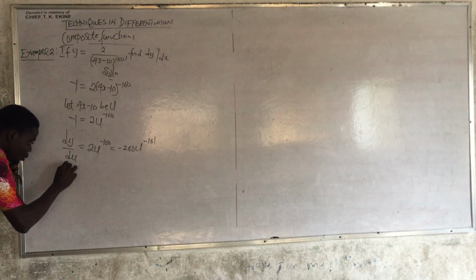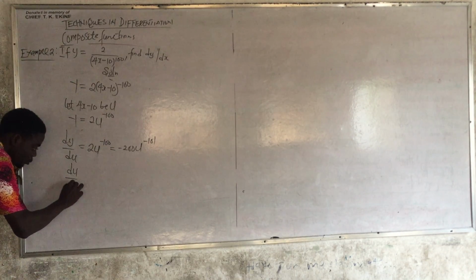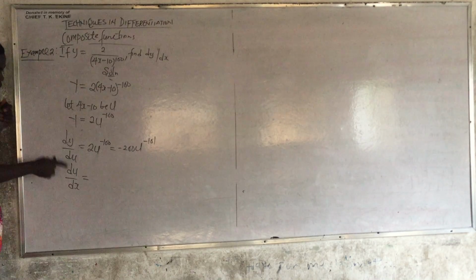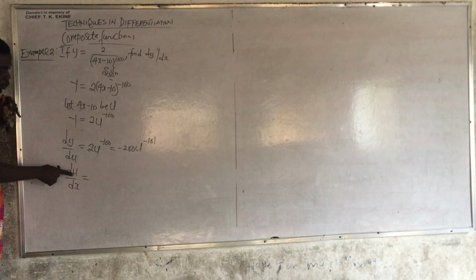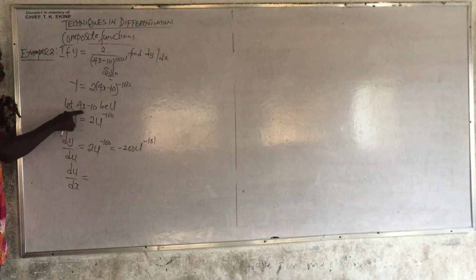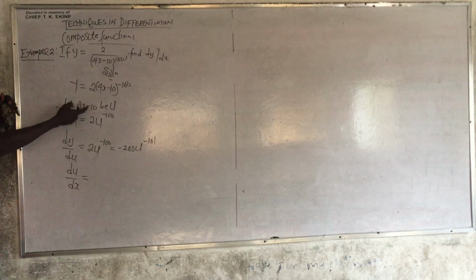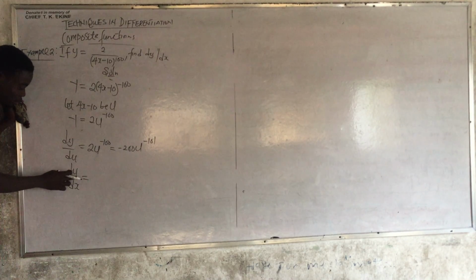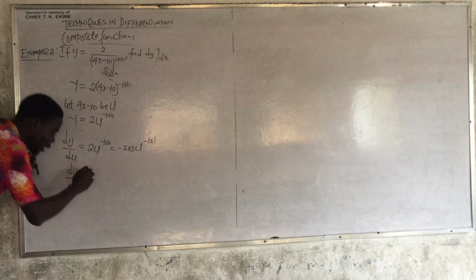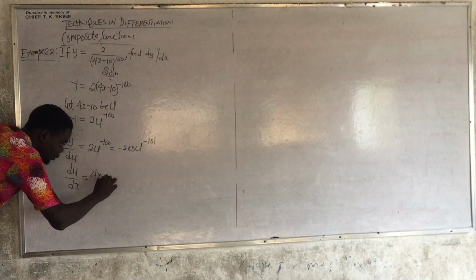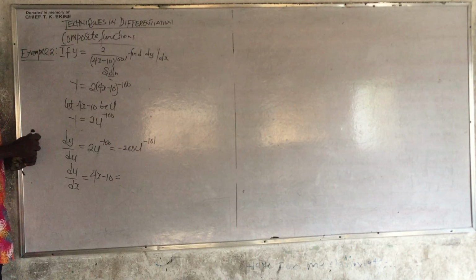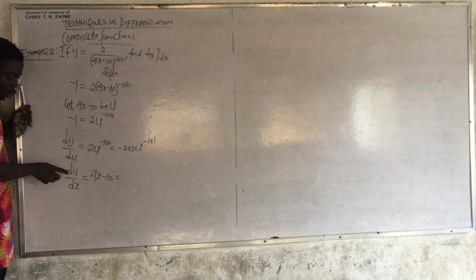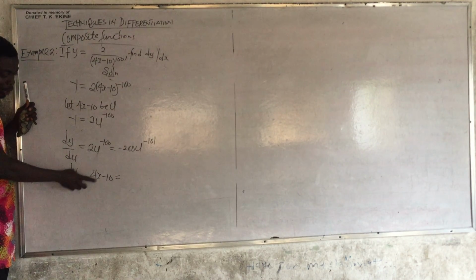So for du/dx, what is du/dx? Your u is already 4x minus 10, because we said let 4x minus 10 be u. So everything is u. If you find the derivative of u with respect to x, you have 4.